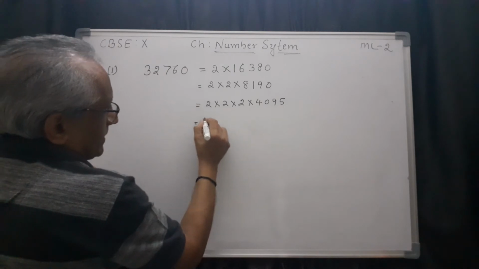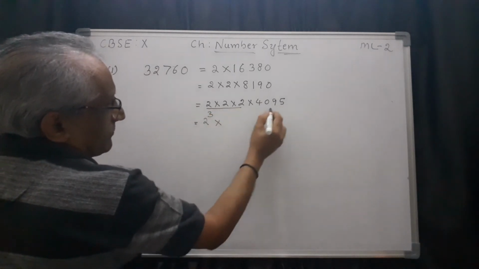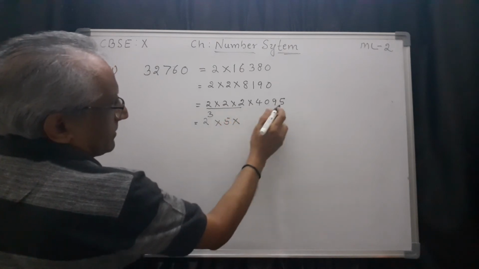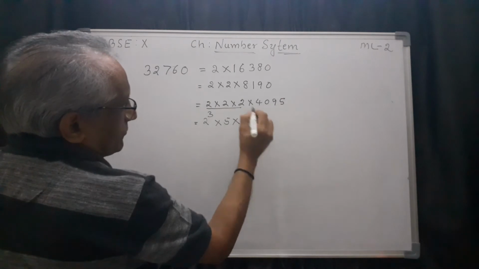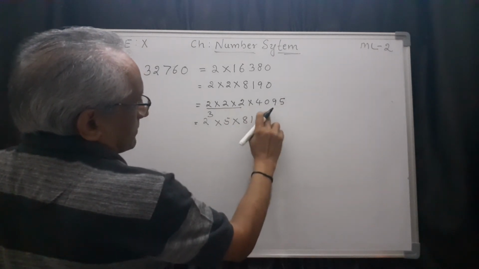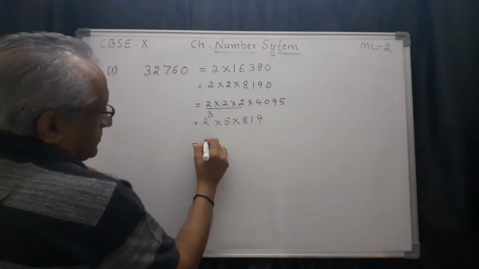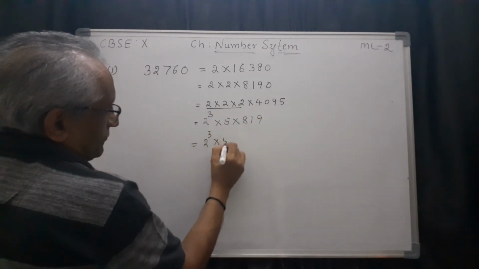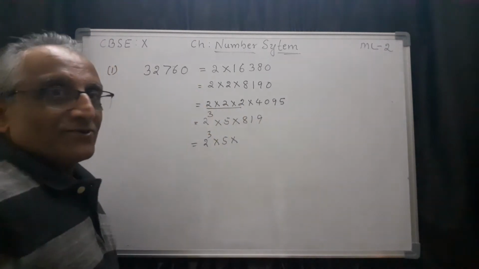Therefore you can write 2 cube, because these three together, into 5 you can take out, then 5 eights are 40, then 5 ones are 5, then 5, 819. Then next 2 cube into 5 into, is it a prime number, that you have to check.